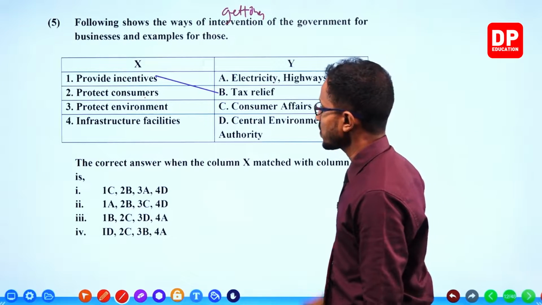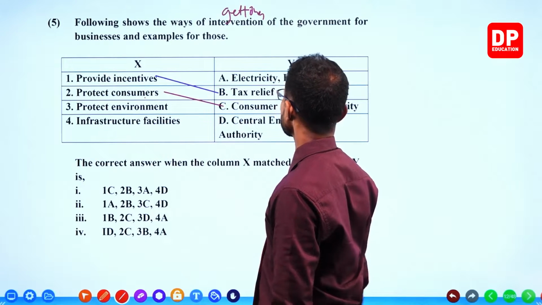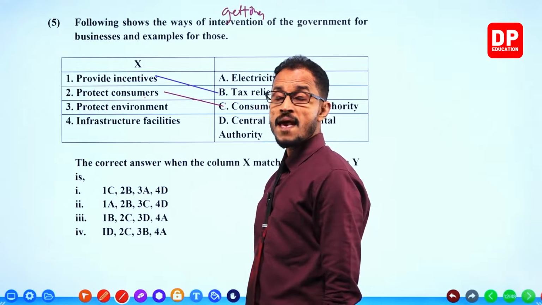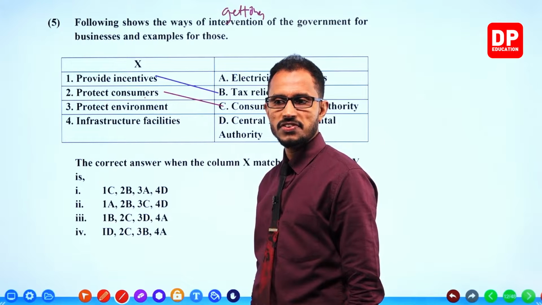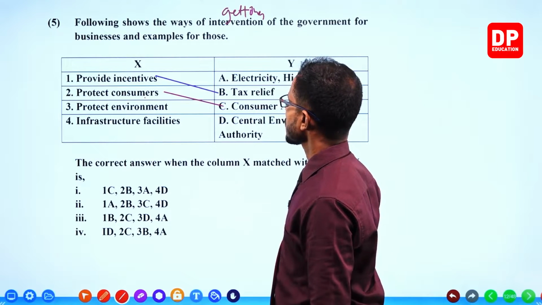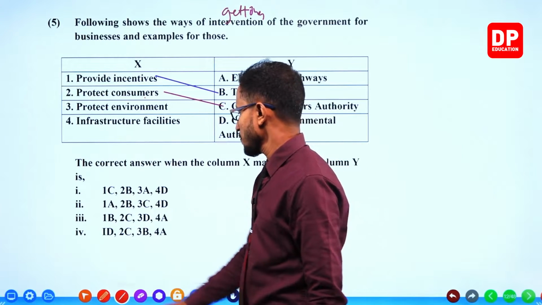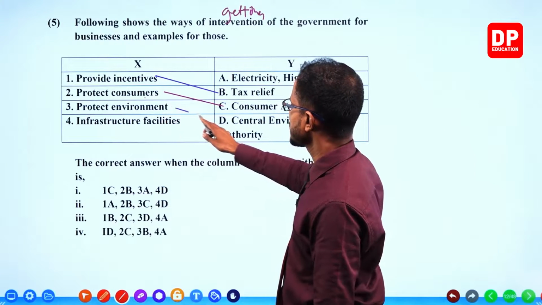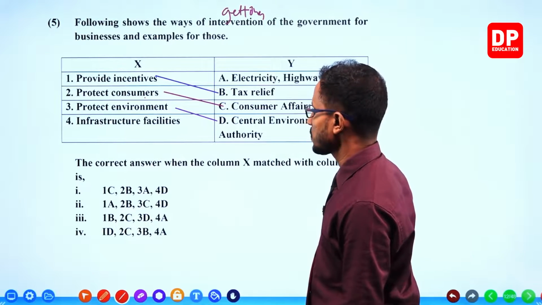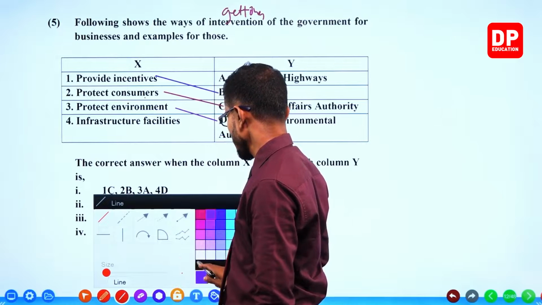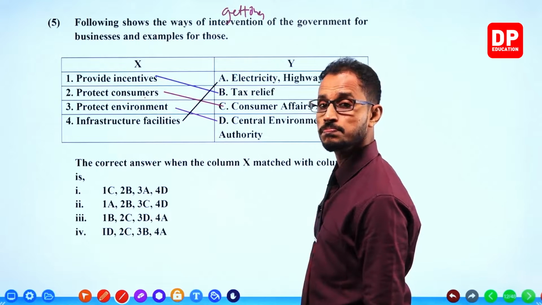Yeah, protect consumers with Consumer Affairs Authority. Protect environment. Obviously, the government has the Central Environmental Authority to protect the environment. Final answer is the remaining one, infrastructure facilities, electricity, highways.